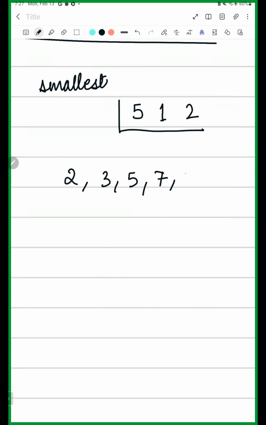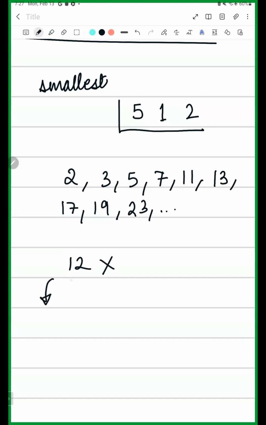Wait, what is the definition of prime numbers? I'm coming to that. 11, 13, 17, 19, 23 and so on. There are many more. But for example, let me tell you what is not a prime number. 12 is not a prime number. Why? Because it has factors other than 1 and itself.